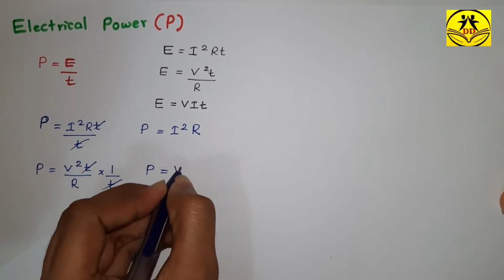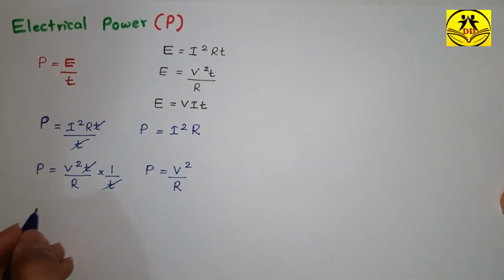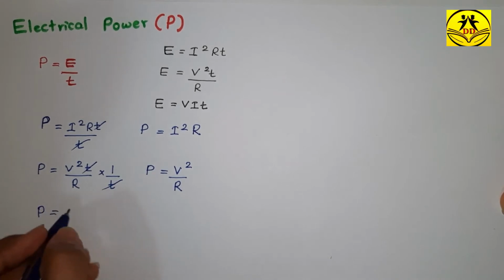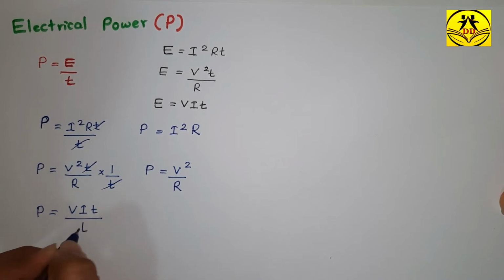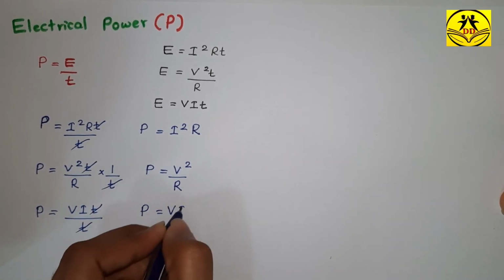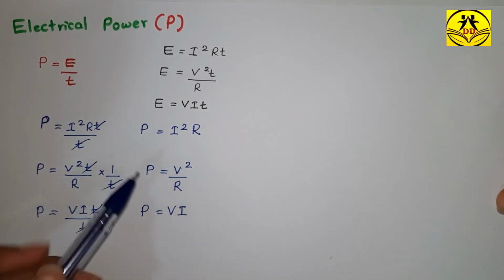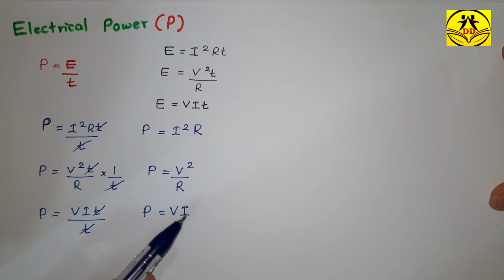Power equals V squared over R. In this equation, power equals VIT divided by T. So from that you get power equals VI. So now you derived 3 equations for electrical power.